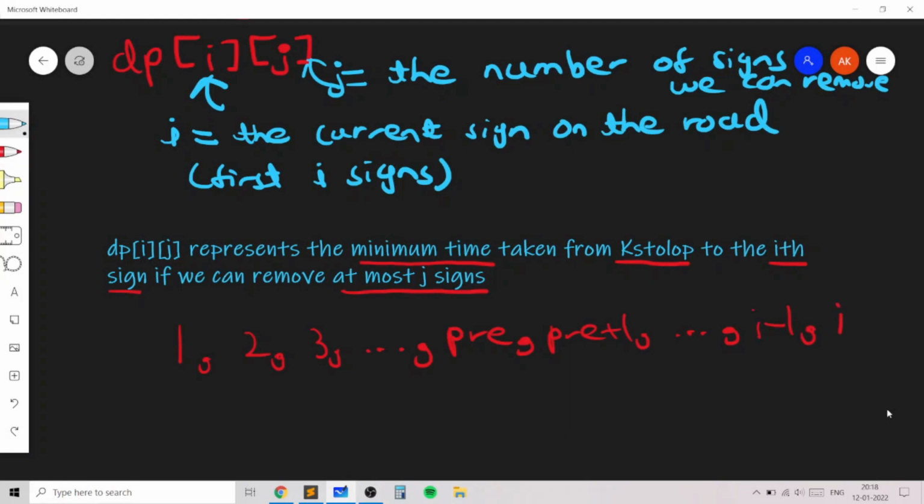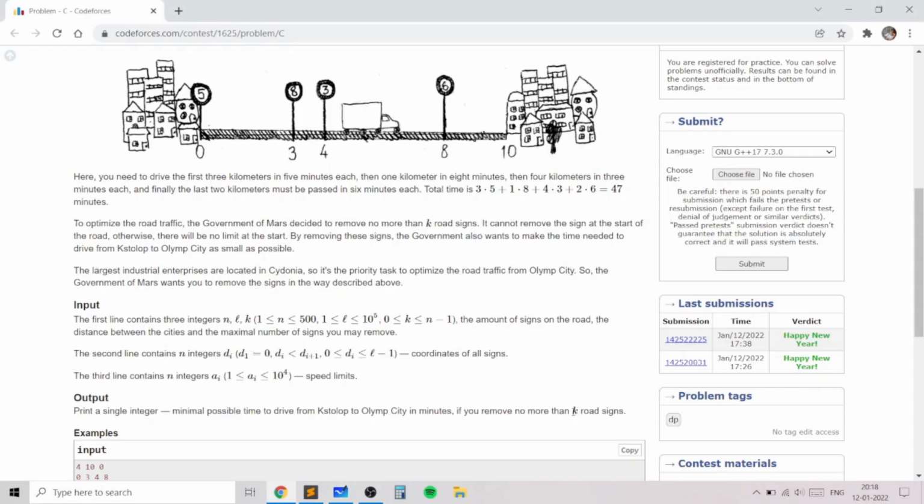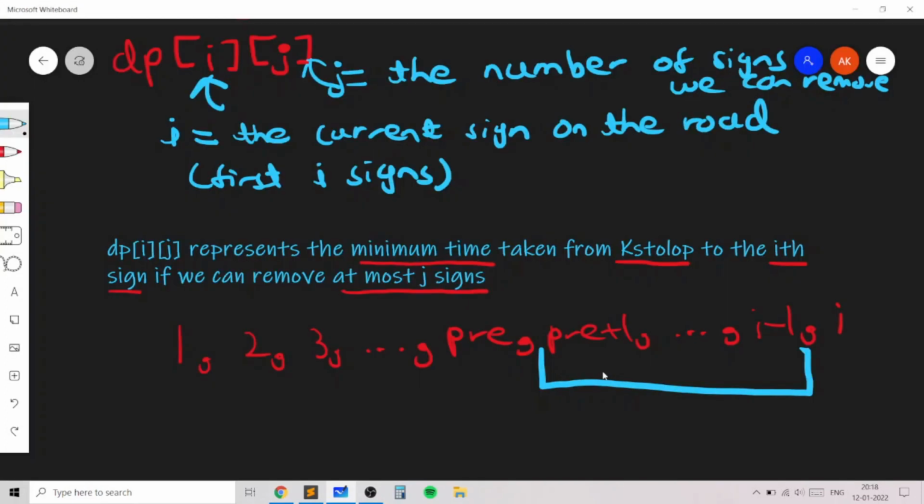You will not visit all these signs because you are allowed to remove some number of road signs. That's why you will remove all these road signs from pre plus 1 to i minus 1.